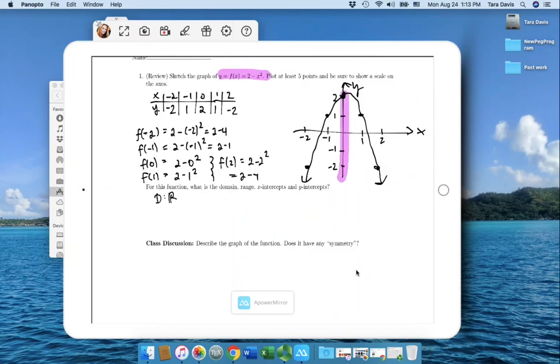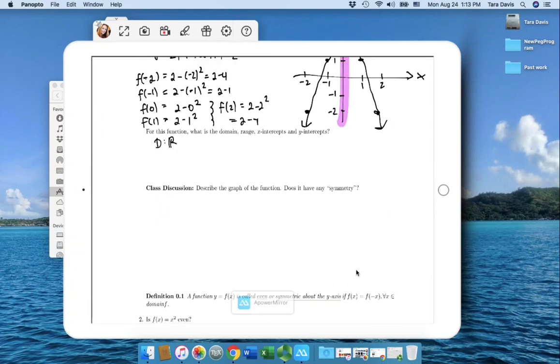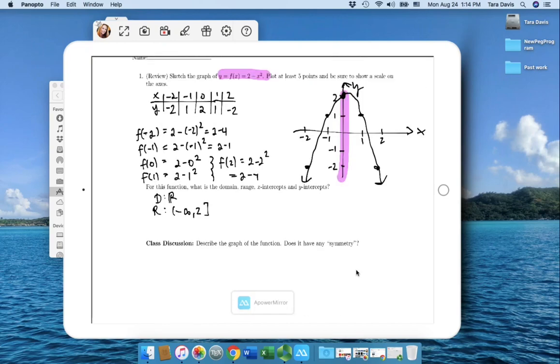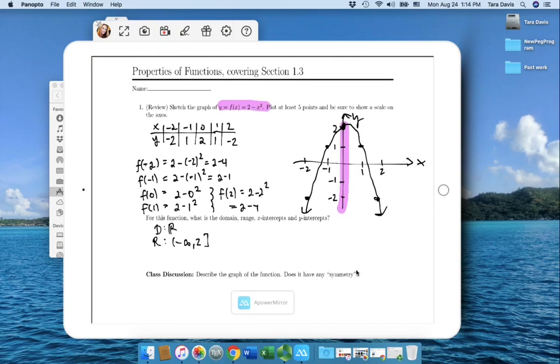So this is the range. It doesn't ever seem like it gets higher than 2. So the range is all the way from -infinity up to and including, but not going past, y equals 2.